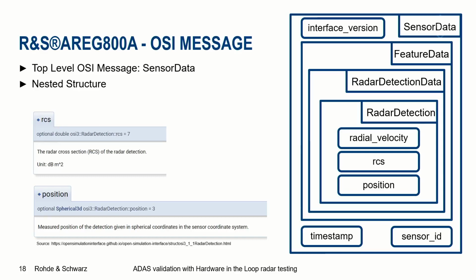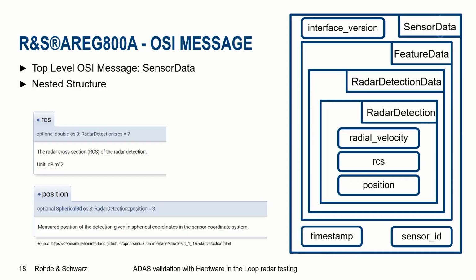The other parameter I want to show you is the position, because it's specified in which coordinate system the object data is presented to us, so we can use it and reproduce the scenario generated from the 3D simulation. Okay, so this was basically a short introduction to what the Open Simulation Interface is.